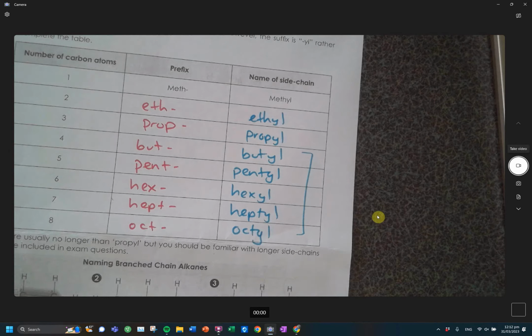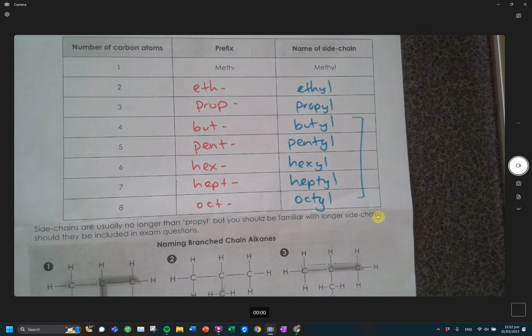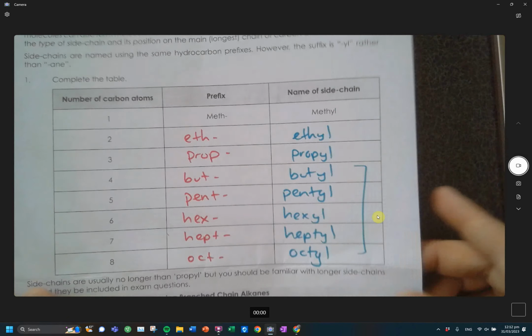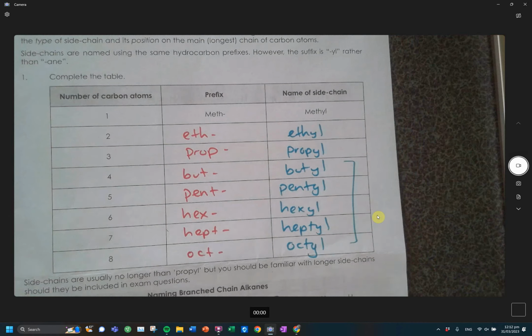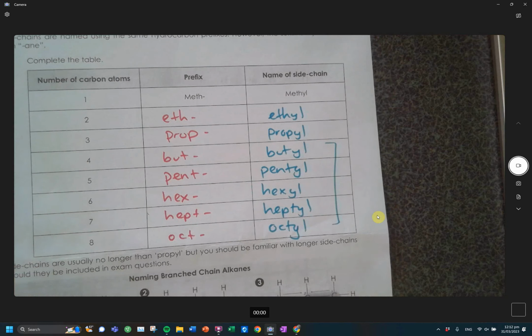Okay, cool. All right, can you guys open up that little packet that I gave you and go to the 3rd page, so aka the 2nd page of the booklet that says branching side chains, alkanes.